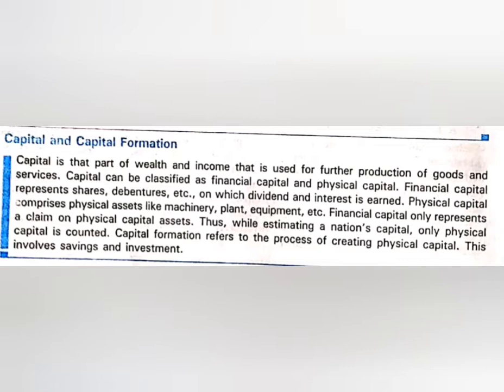So whenever we count national capital formation, we don't include the shares and bonds which are transferred. We just include the capital formation that is new or created during that particular time. So this is all which is present in this part.